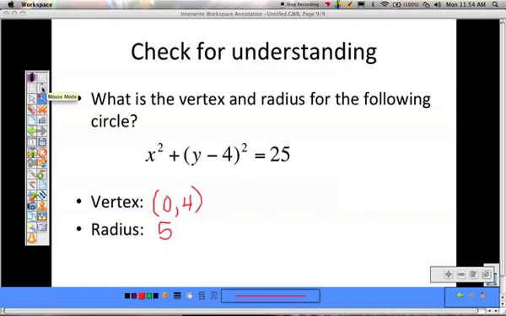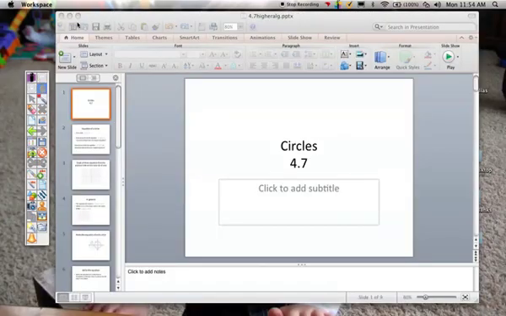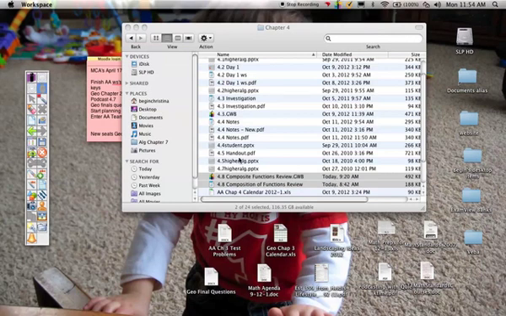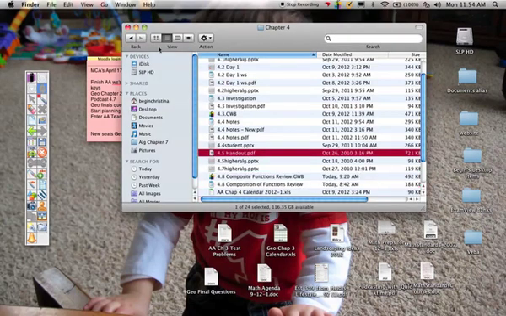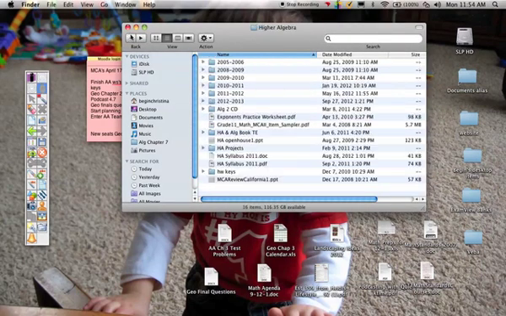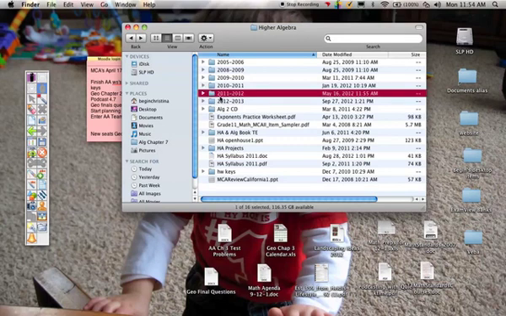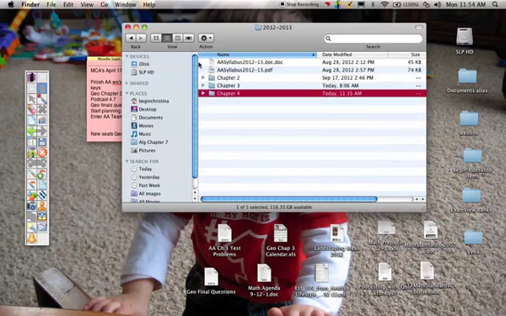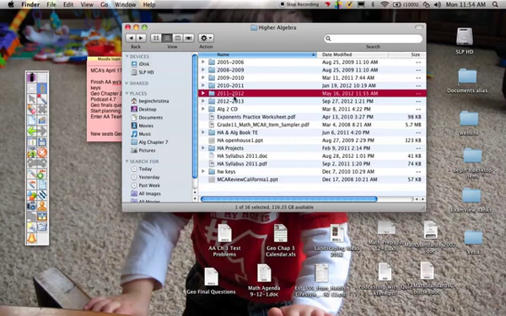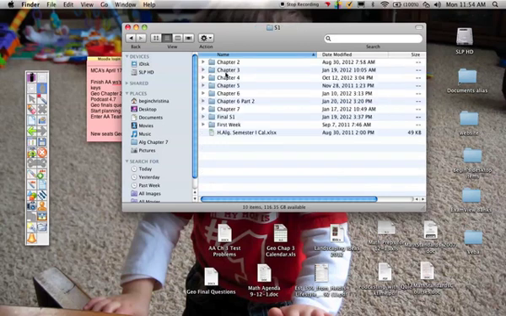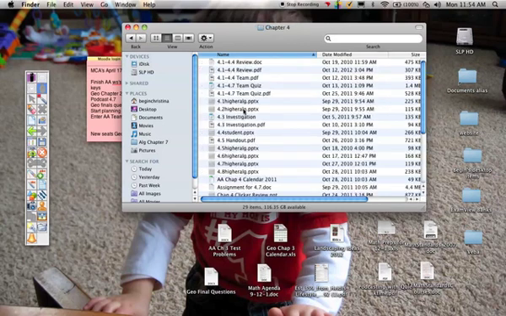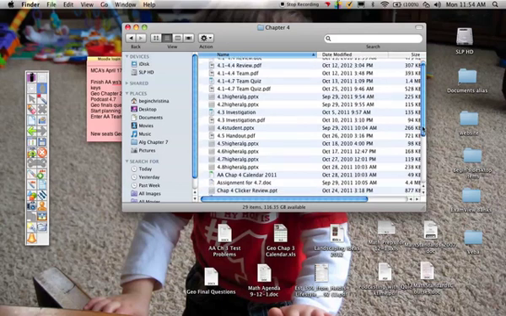Okay, so for your assignment, you just have a worksheet where we're practicing this. So it looks something like this. See if I have a copy of the worksheet that you'll be doing.